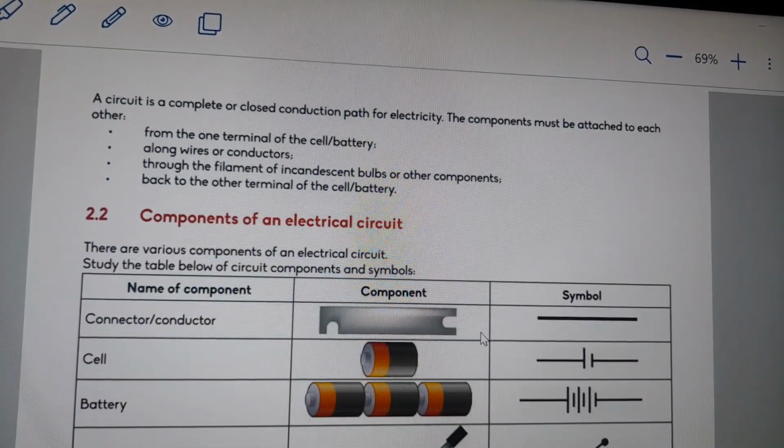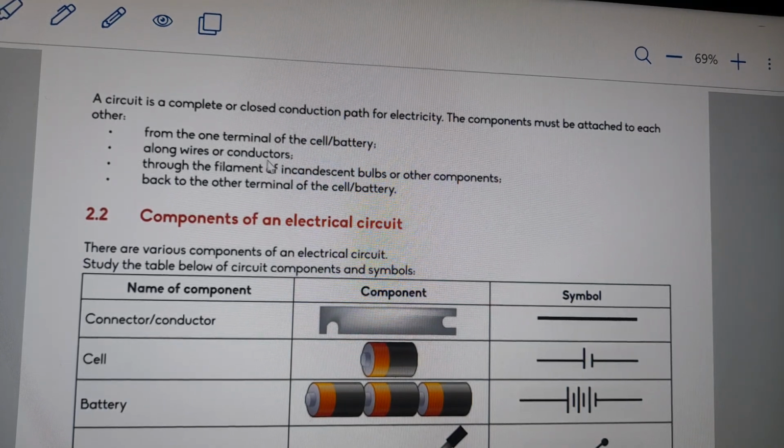At the top of page 174, a circuit is a complete or closed conduction path for electricity. The components must be attached to each other from one terminal of the cell or battery. Okay, this is the terminal, this is another terminal.